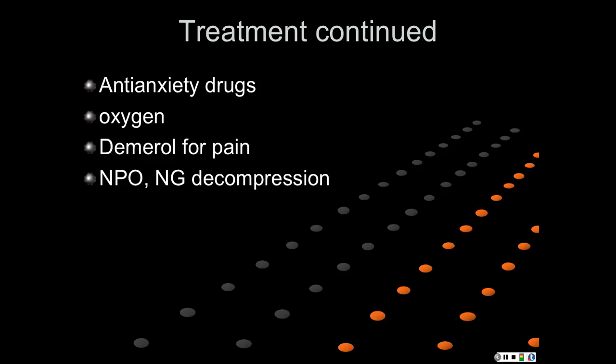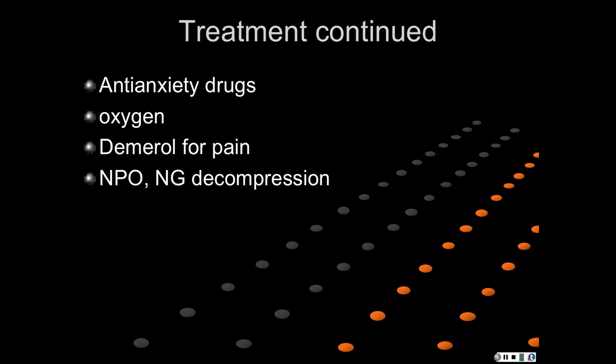They usually have a nasogastric tube for decompression to remove any fluid from the GI tract. Anytime you see a patient that is NPO, nauseated, vomiting, with a nasogastric tube, they will always have IV fluids.